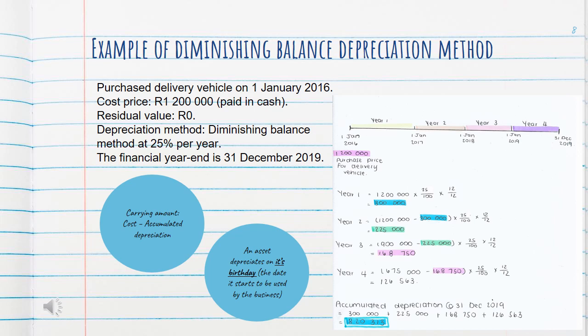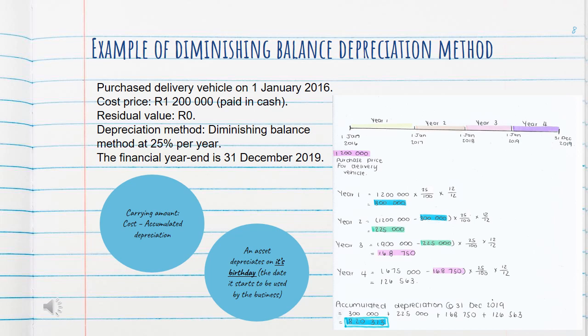Then we worked out depreciation again and we got 225,000. And then in year 3, we took the 1,200,000 minus 300,000 minus the 225,000 again.